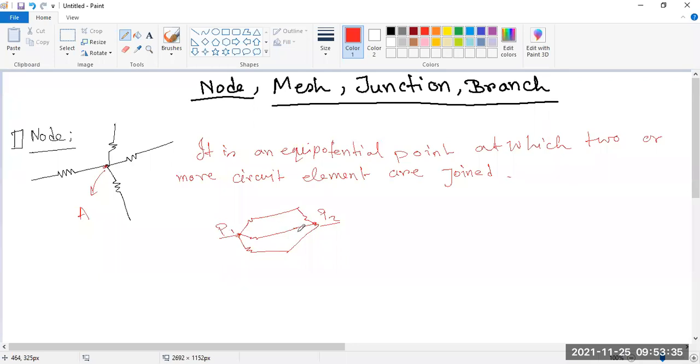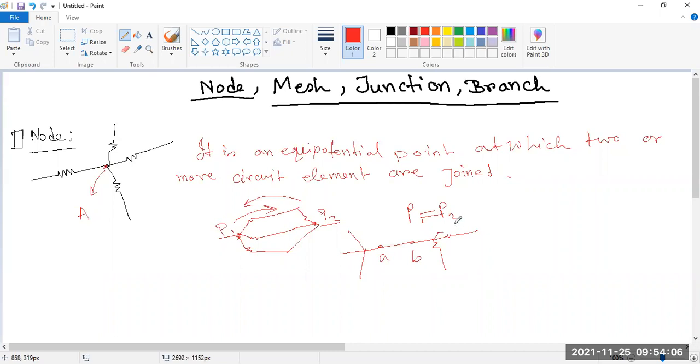So there must be a difference between P1 and P2, otherwise no current will flow in this side. If P1 and P2 are the same potential, then A and B are treated as the same node. Say here is a node, point A, here is a point B.